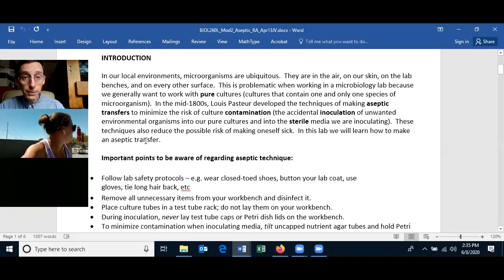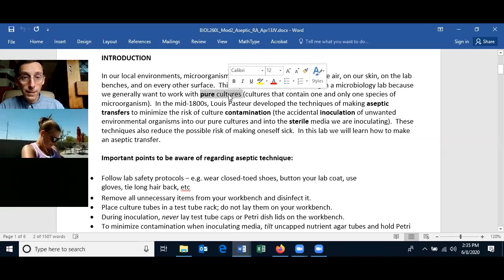The concept of pure cultures came up in the mid-1800s by Louis Pasteur, who developed a technique for doing aseptic transfers to minimize the risk of culture contamination. He also came up with the concept of a pure culture, but his procedures for obtaining a pure culture were really difficult, so you will not be practicing his procedure.